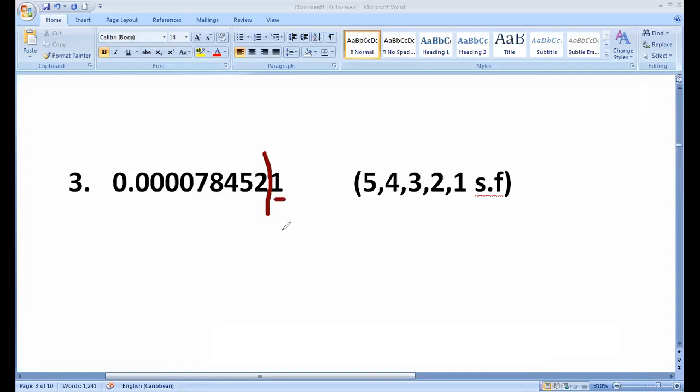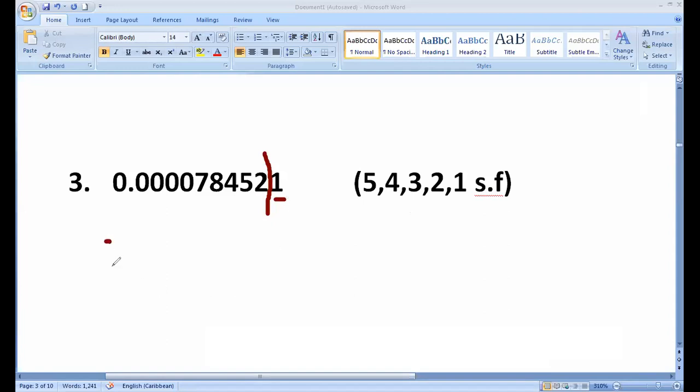And if that number is less than 5, we leave the number to the left alone. All right. So, by the way, 1 is less than 5, so we're going to leave the 2. Remember, it's the number to the left that we change, not the number to the right. And do we move the decimal point? No, we don't.